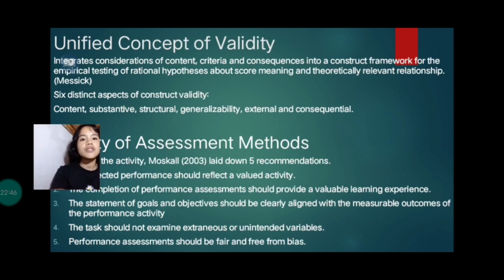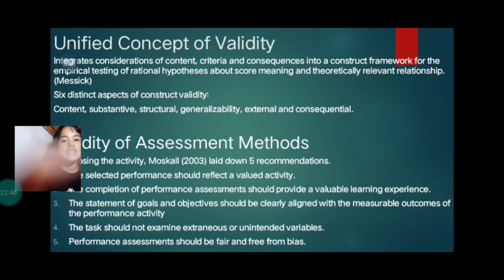So we have this unified concept of validity. It integrates considerations of content, criteria, and consequences into a construct framework for the empirical testing of rational hypotheses about score meaning and theoretically relevant relationships.